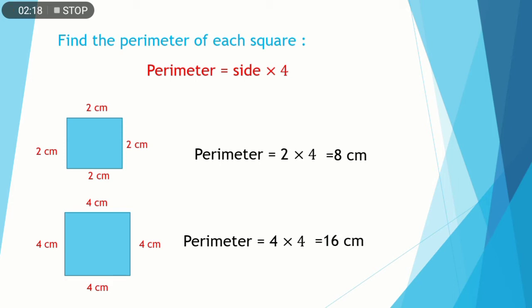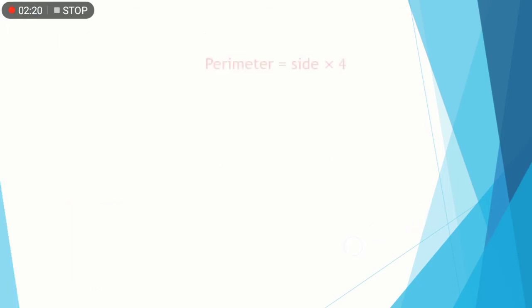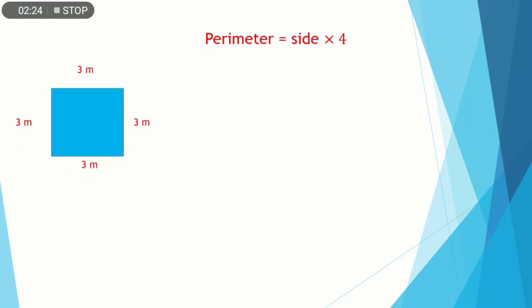The next example: perimeter of a square equals side times 4. I have a square, each side equals 3 meters. How can I get the perimeter? Take the side times 4. 3 times 4 equals 12. But the unit here is meters.